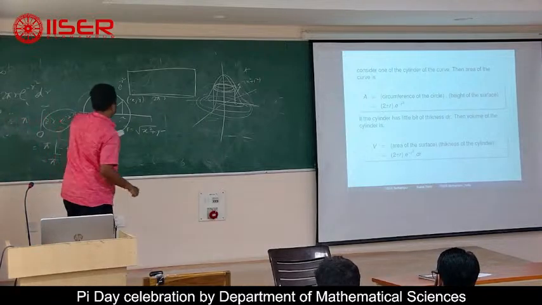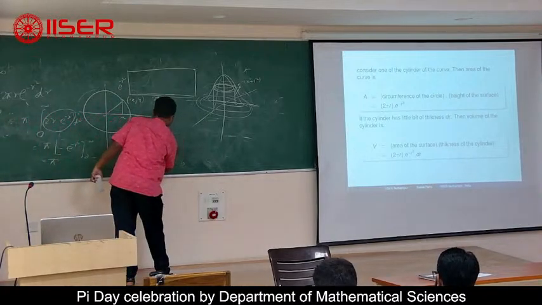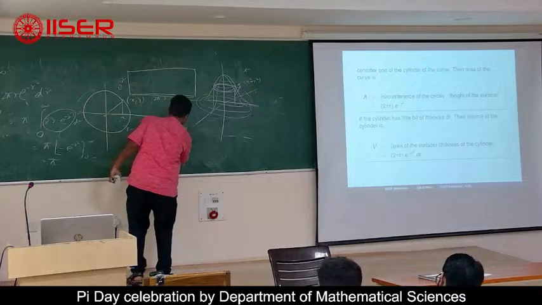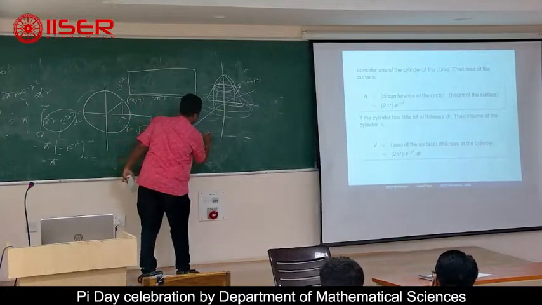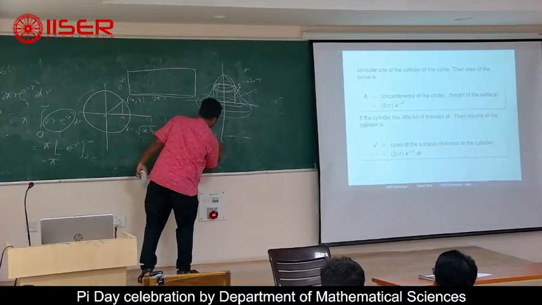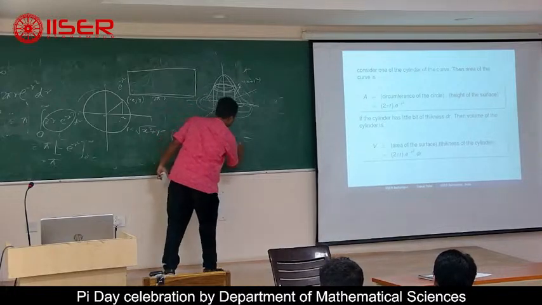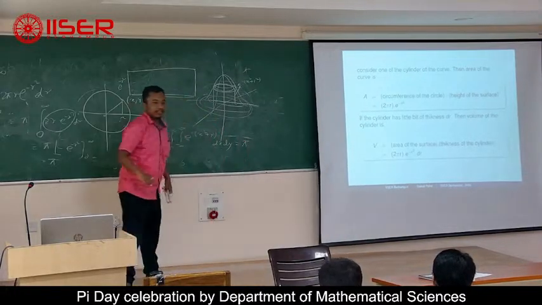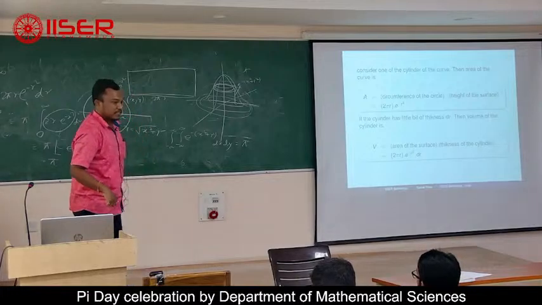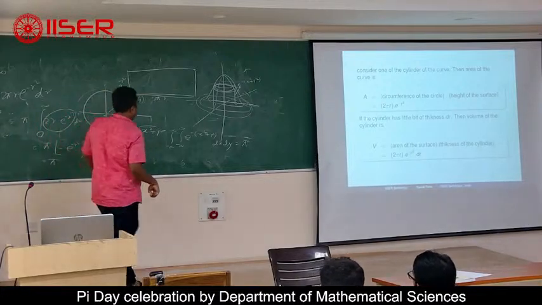So what comes down is that the integral from minus infinity to infinity of e to the power minus x squared minus y squared dx dy is the area of the circle.